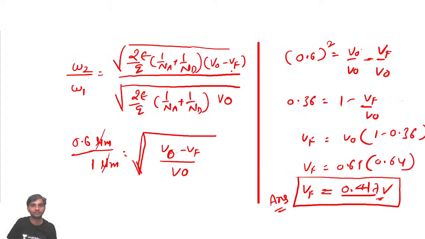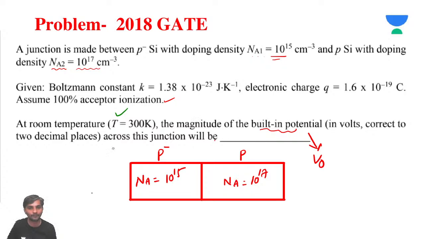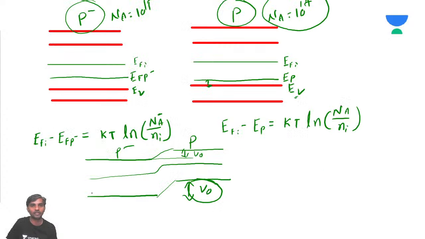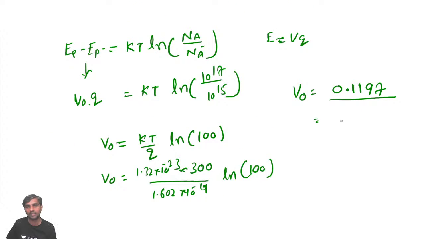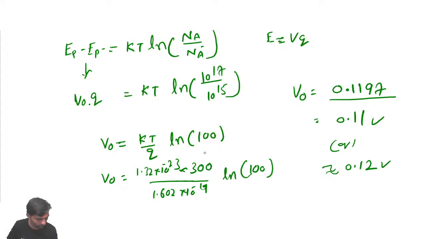As he is asking for the built-in potential, correct to two decimal places, what you'll get is 0.11. Either you write 0.11, or you can write approximately 0.12 volts. 0.11 or 0.12 is the answer.